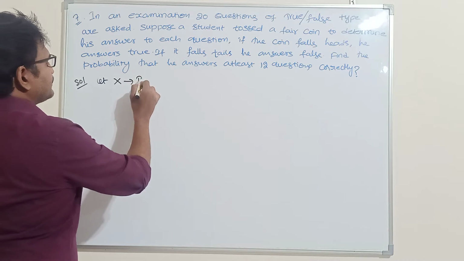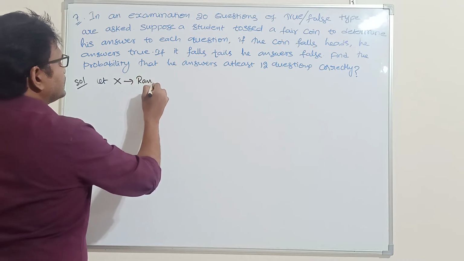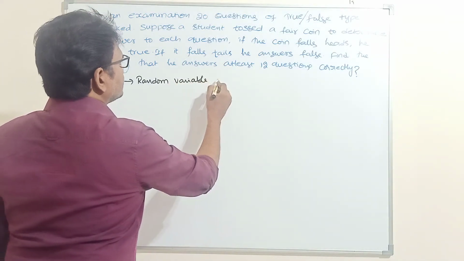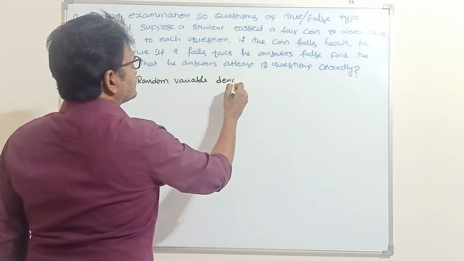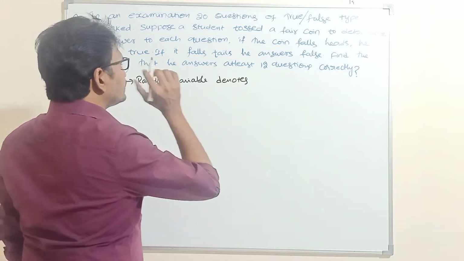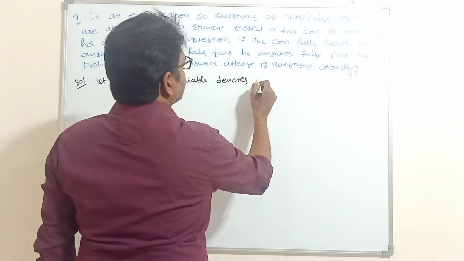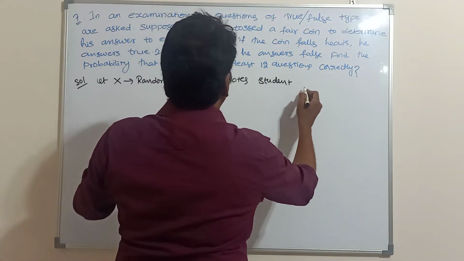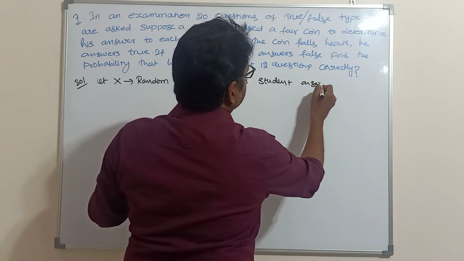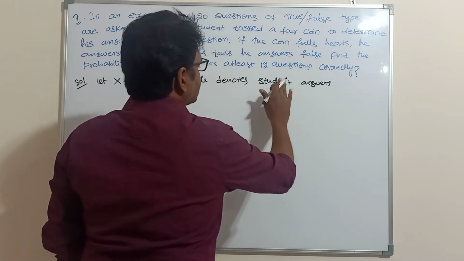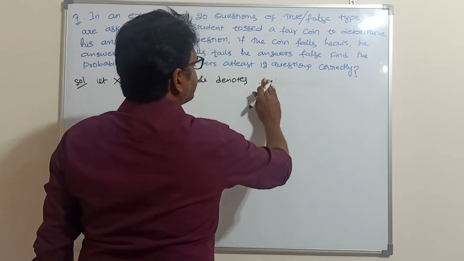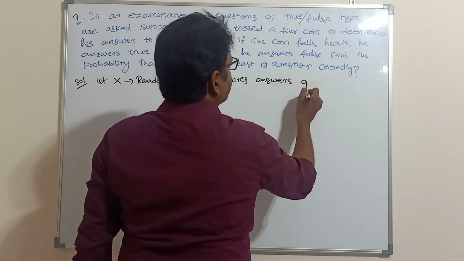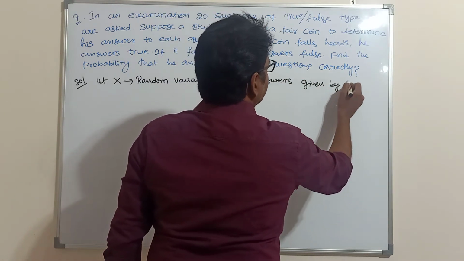Let X denote the random variable, the number of answers given correctly by the student.